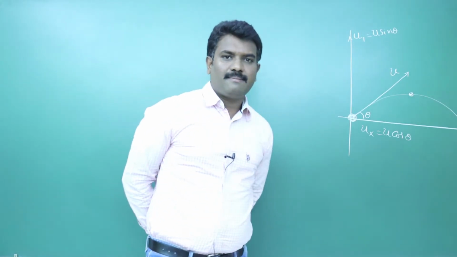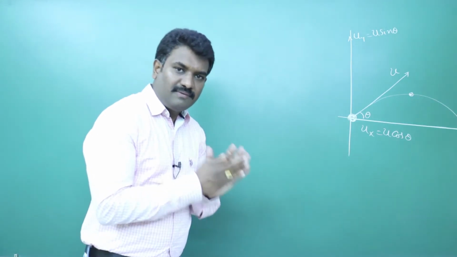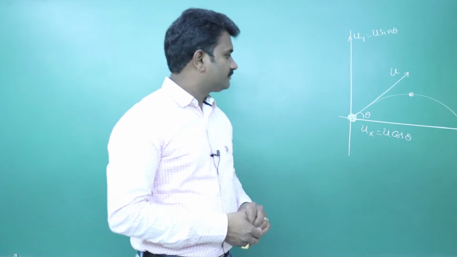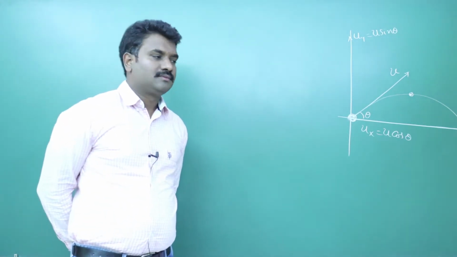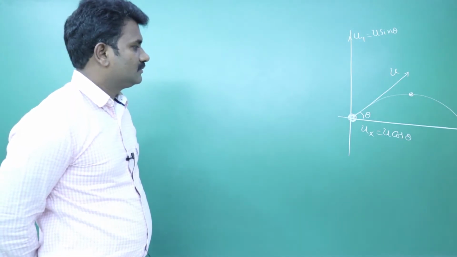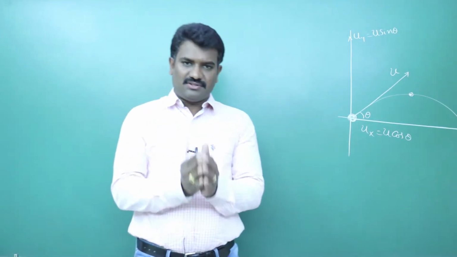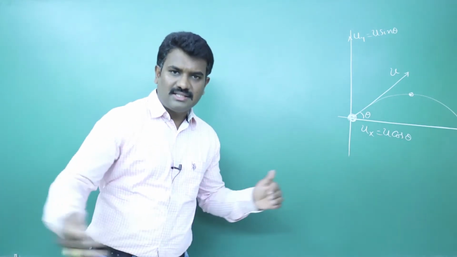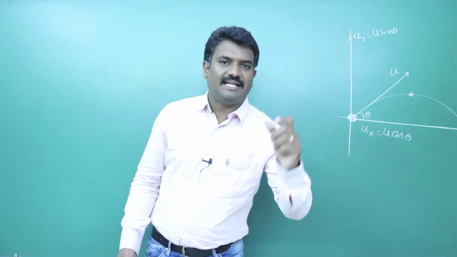Horizontal range is defined as the displacement of the object along the horizontal direction during the time equal to its time of flight.